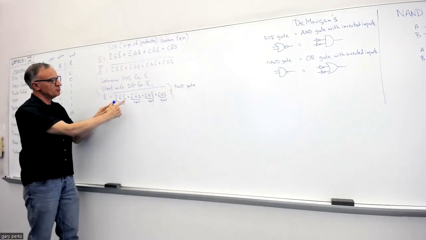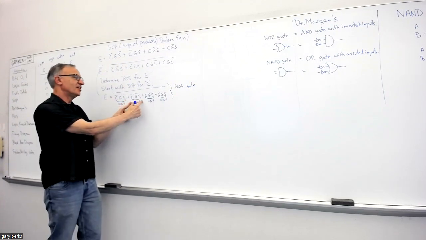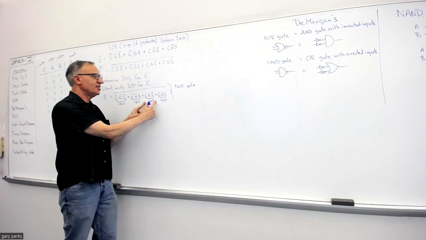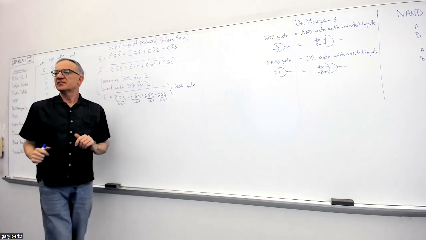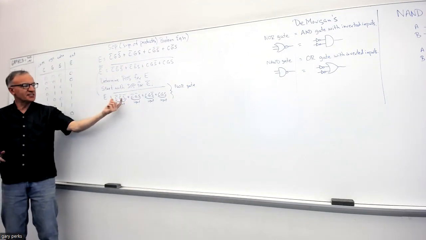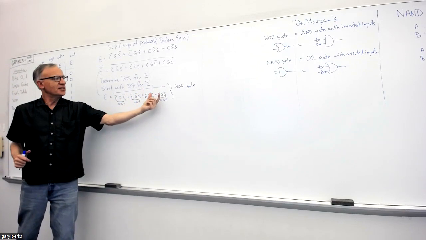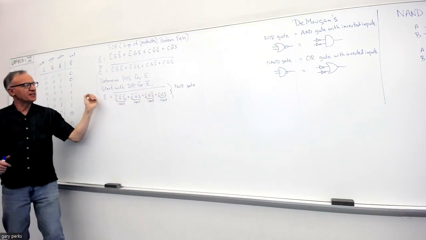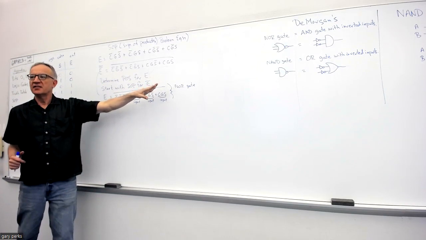It's a NOR gate with inputs: not C not G not S, not C not D S, not C G not S, and C G S. Okay, so does everybody see that if this is an input, this is an input, this is an input, this is an input, these inputs are all being ORed, and then the whole thing NOTed?